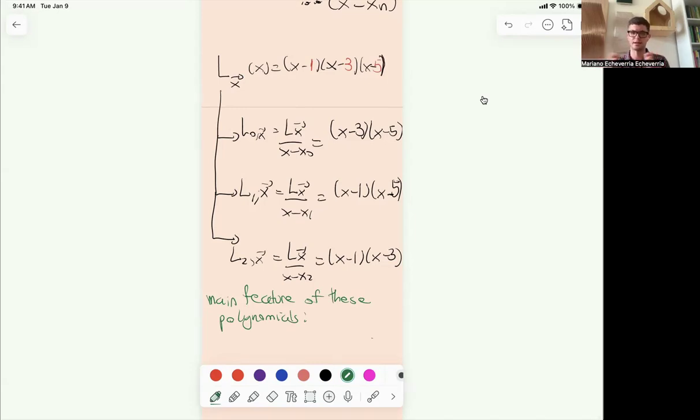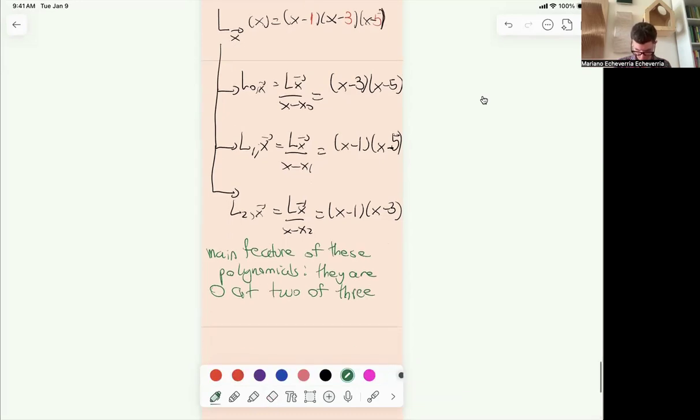But they're not zero at the third one. They are zero at two of the three x values. Is that making sense?